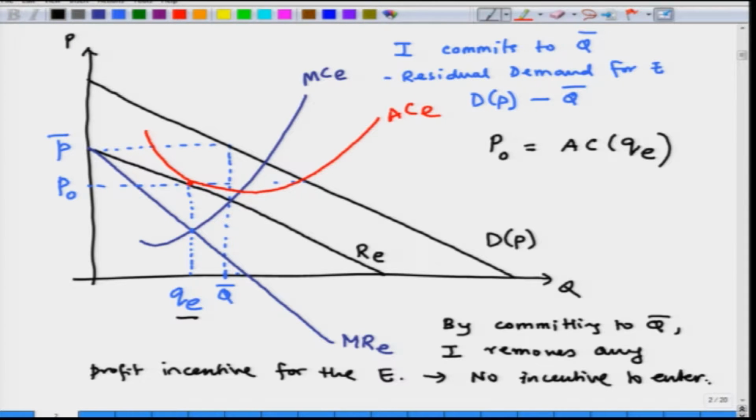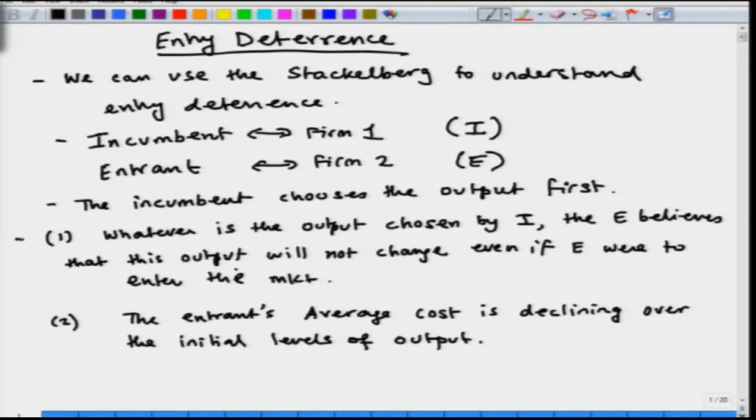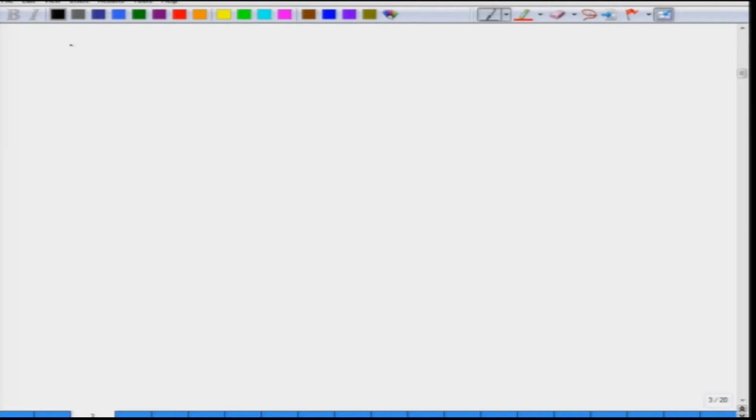Now, while this model is simple, the major drawback that it has is the very restrictive assumption that we had imposed. So, the model is a little bit ad hoc, right. Let's make a note.